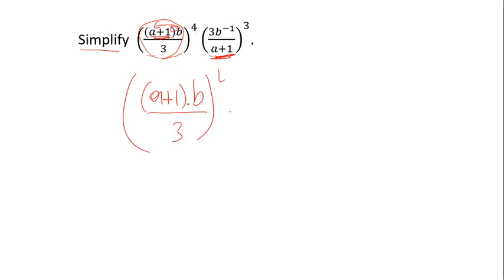So what's the rule for this? Okay, the rule is you will distribute the 4 to the numerator and denominator. Now for this one, you can do the same thing.